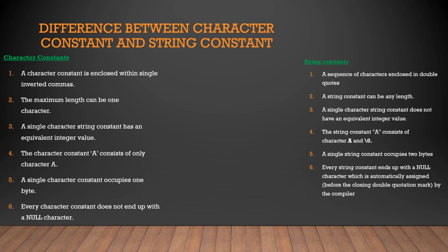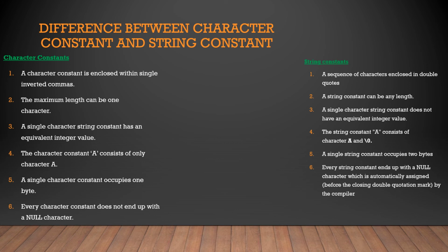Then the character constant 'A' consists of only one character A, but the string constant "A" consists of character A as well as a null character, because every string is terminated by a null character. That null character we write as \0. So the string consists of A followed by \0.